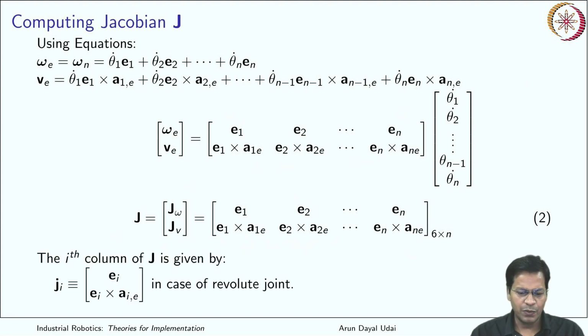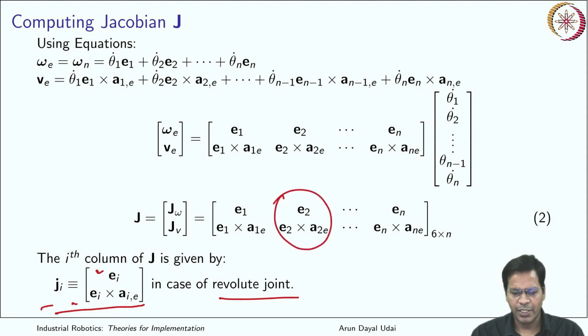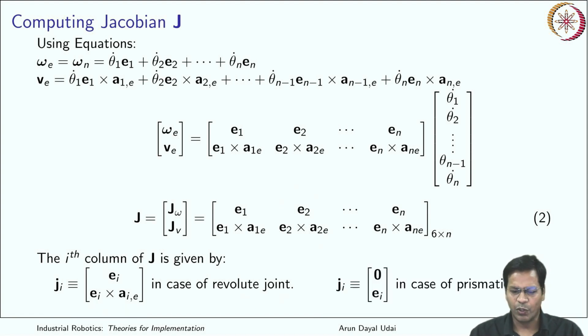Okay. So in case of a revolute joint, the ith term looks like this, ei, ei cross aie. So the ith term will look like this. Any particular one you can find out. And in case of a prismatic joint, you see there is no angular velocity component that will go.